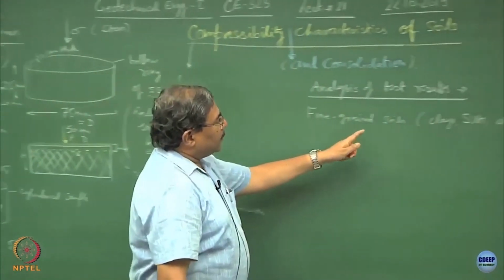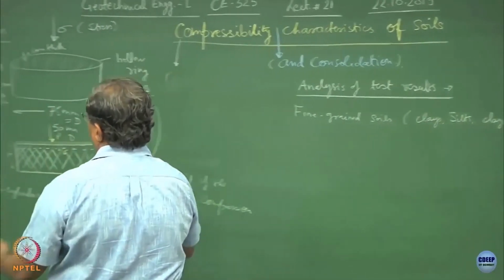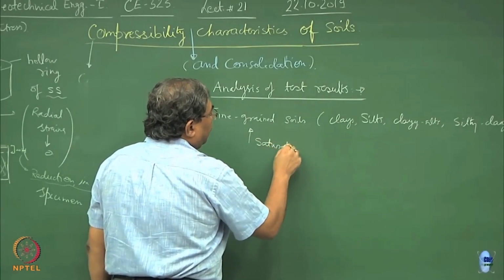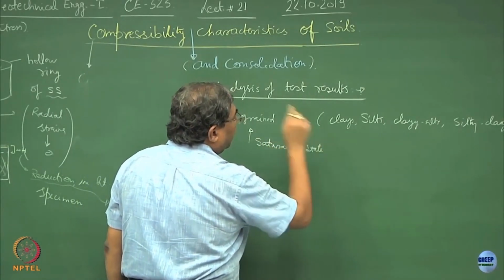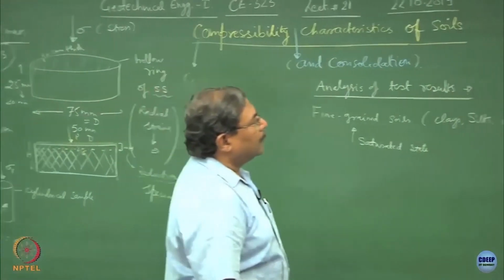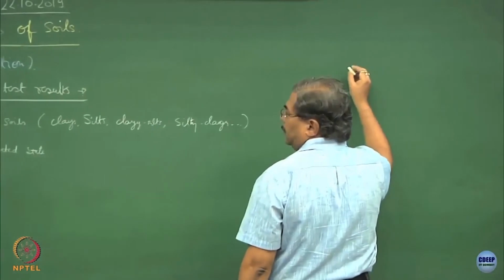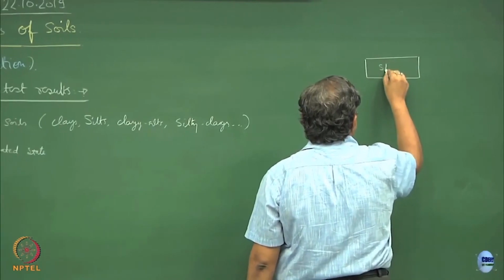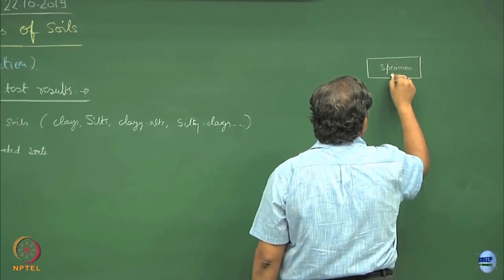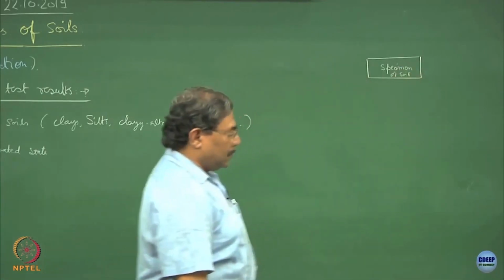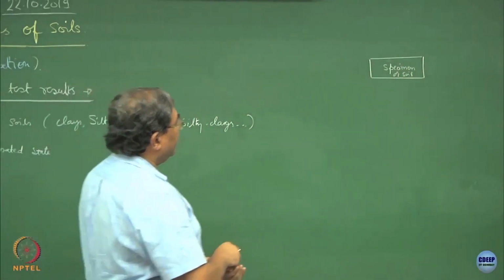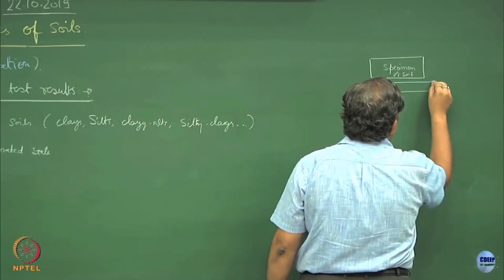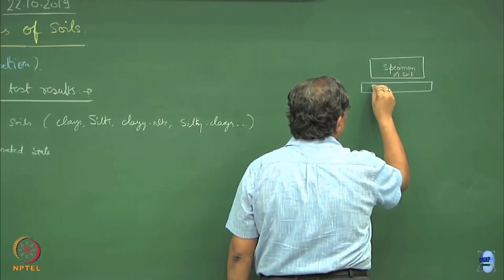So, when we talk about the fine grained soils, in order to simplify things, what we do is we saturate them. How is saturation done? This ring, which is containing the specimen of soil, is normally placed on a pad in such a manner that this pad has a groove in it.